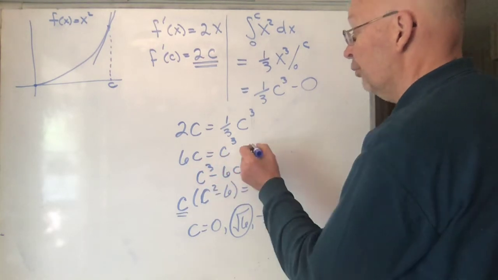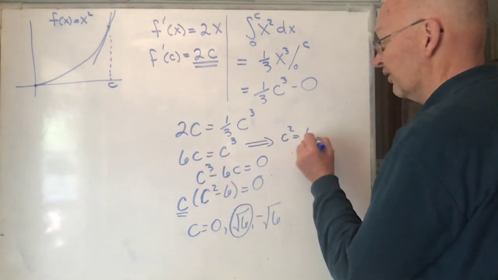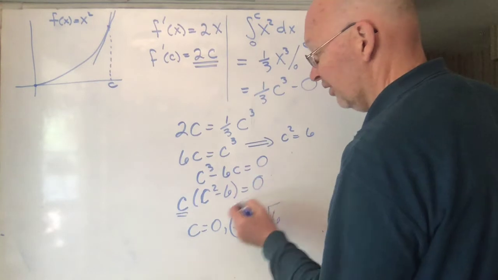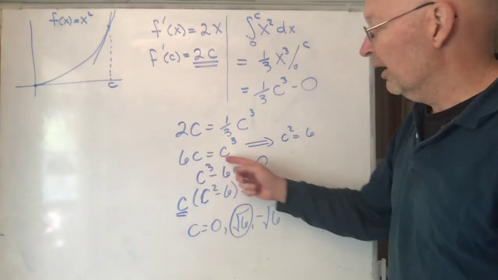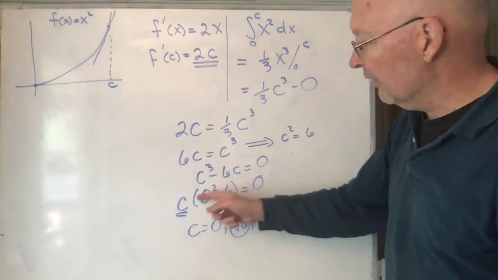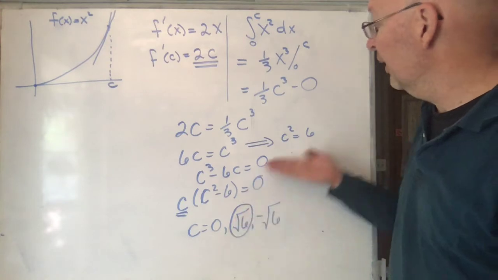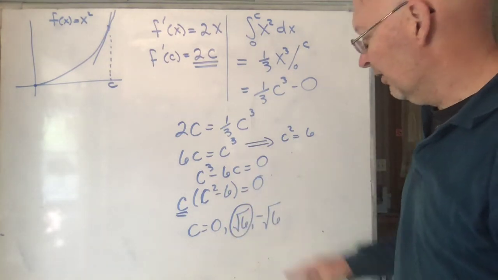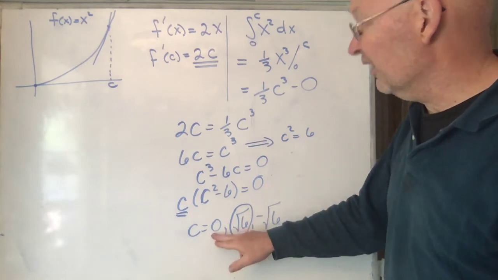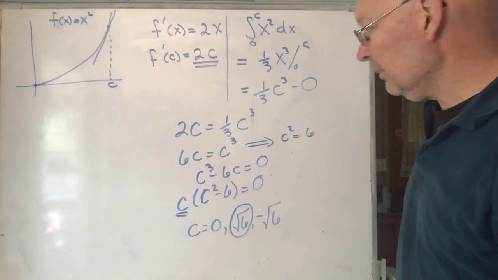If we would have divided through by c right there and gotten c squared is equal to 6, we would have lost this as a solution. So it's important in a situation like this to factor it and then divide out rather than just to divide through by your variable. When you divide through by a variable, you might be losing one of your options. This is the one we were looking for, but as I say, 0 is certainly a possibility as well.